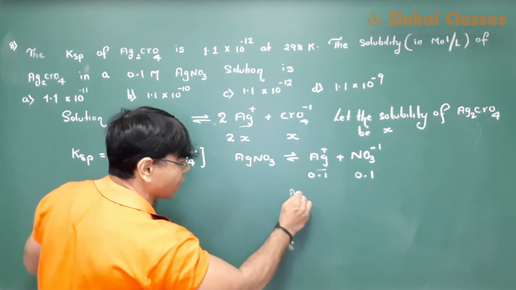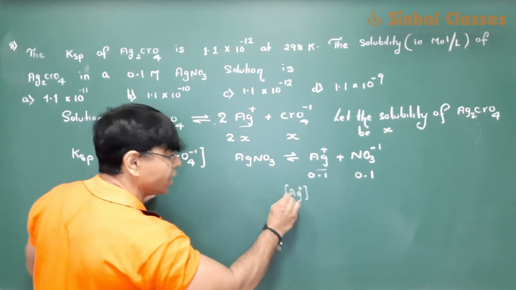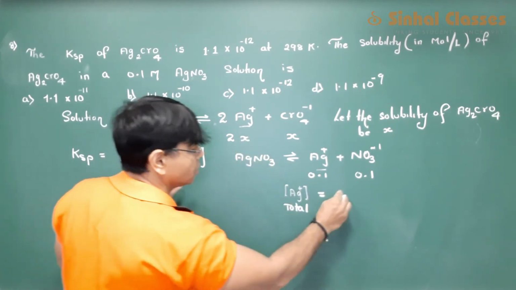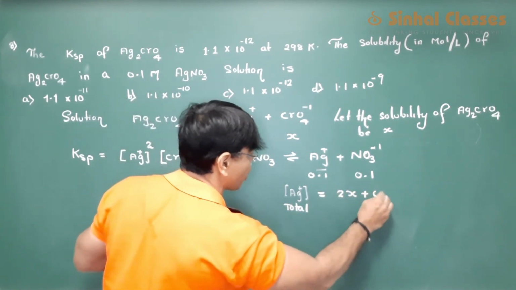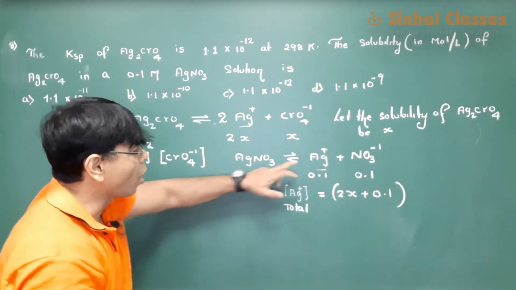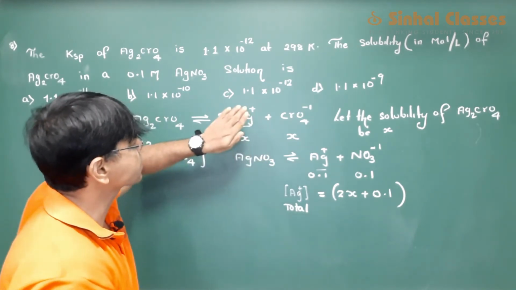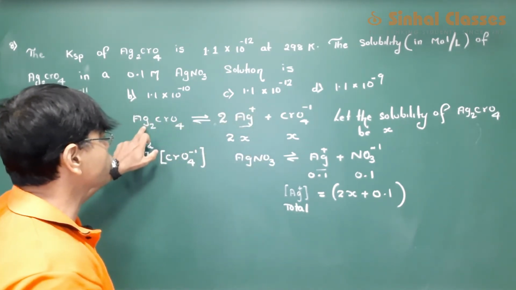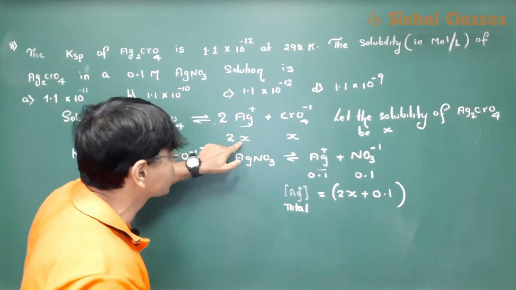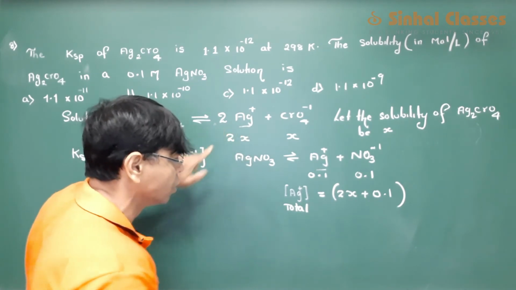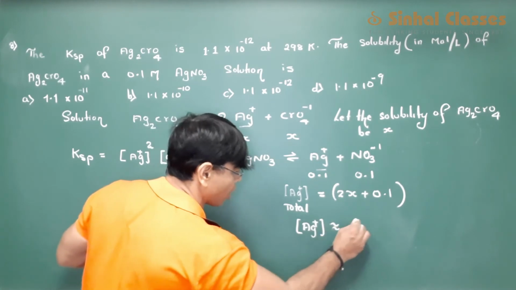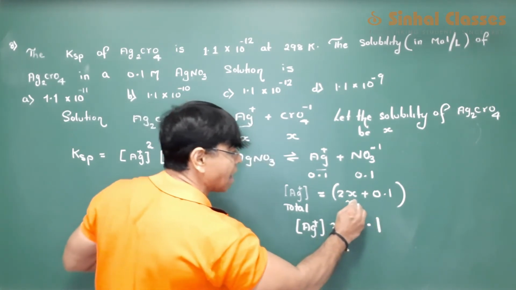Total silver ion will be the sum of both, so 2x plus 0.1. But due to the common ion effect, the dissociation of silver chromate is suppressed. So the solubility coming out from here is very small. So the total Ag plus we take approximately 0.1 only, neglecting 2x.